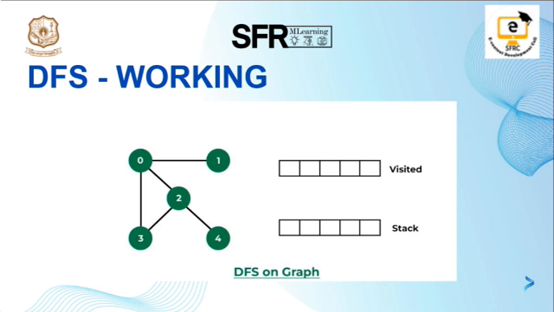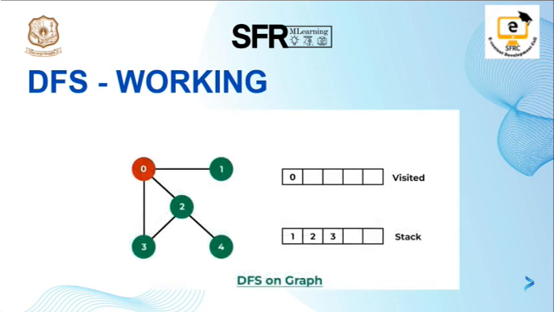Let us understand the working of depth first search with the help of the following illustration for the source as 0. This is step 1. Initially, we have the stack and the visited arrays as empty.